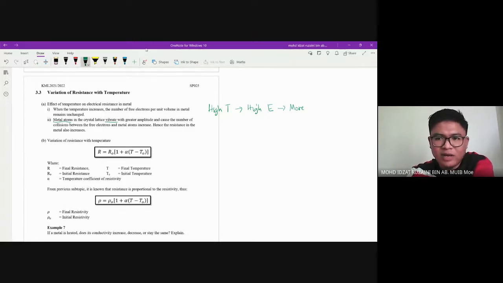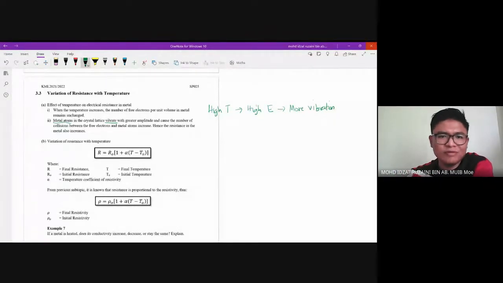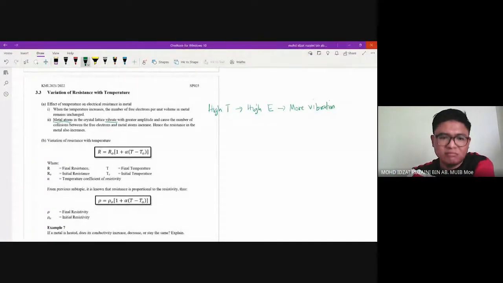Okay, so boleh faham? So bila mana dia vibrate banyak, so what happen to the flow of the electron? Okay, so in this case, bila mana dia banyak vibrate, electron dia semakin kerap bertembung, ataupun collide with the metal atom. Okay, so the free electron will collide more with the metal atom lah.